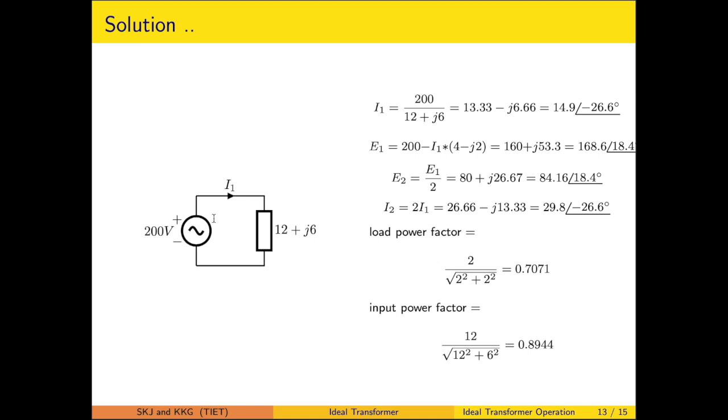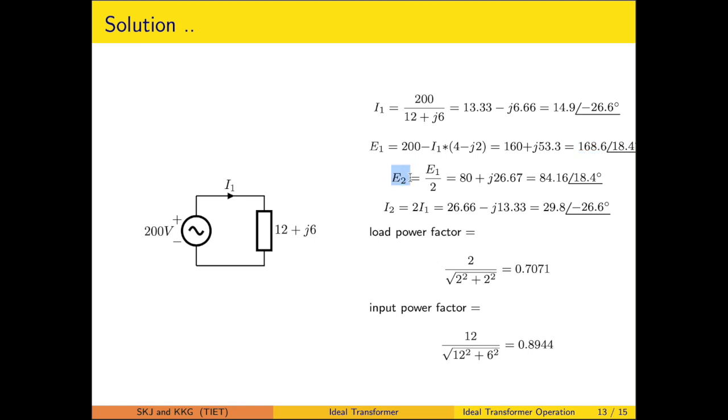Because the supply voltage is given, we calculate E1, the phasor of the input. So 200 minus I1 times the series impedance, which was 4 minus J2 in the previous diagram, is giving rise to 168.6 with an angle of 18.4 degrees.